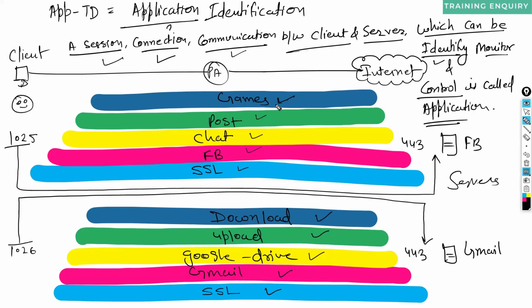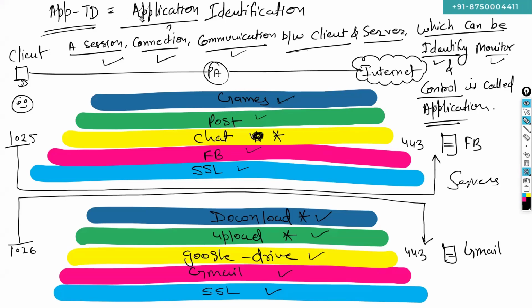Palo Alto can monitor it, as well as control it. Control means we can tell Palo Alto, you need to deny or drop. Which one? You need to drop Facebook chat, you need to drop download, you need to drop or deny upload, in this way.